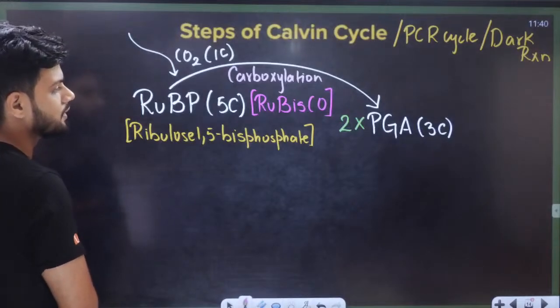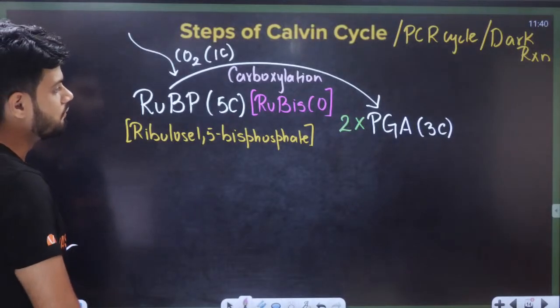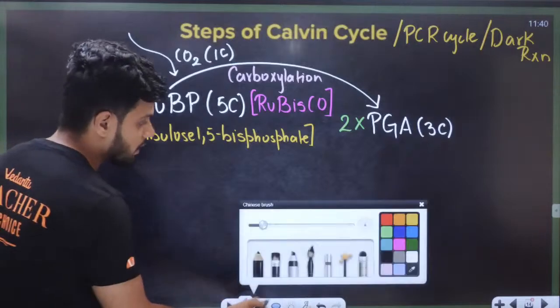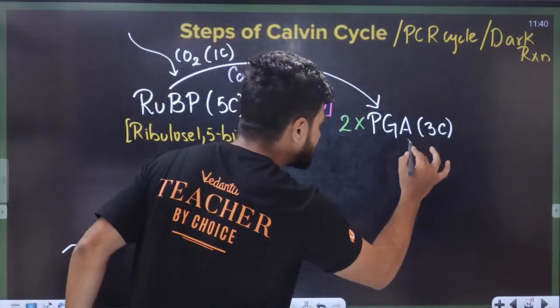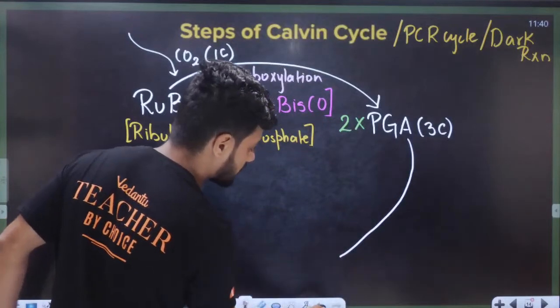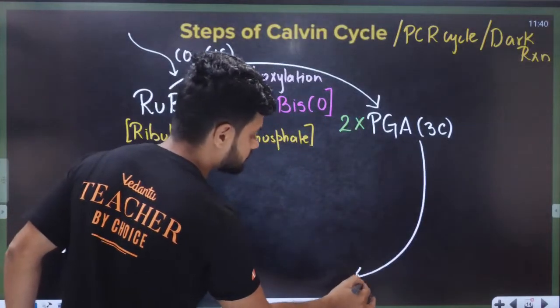Without Rubisco, it is not possible. Now we have 2 PGA. This 2 PGA will get converted to triose phosphate.